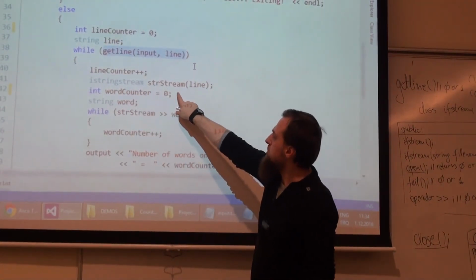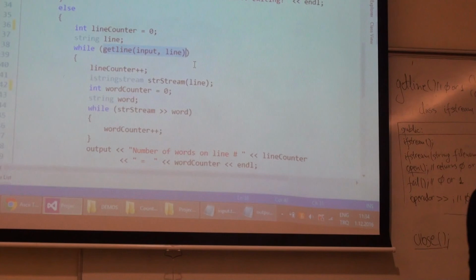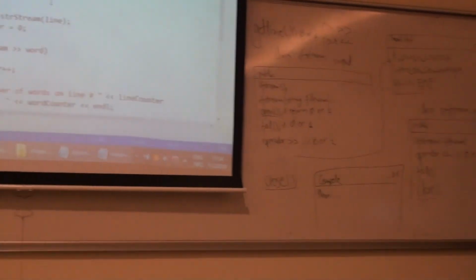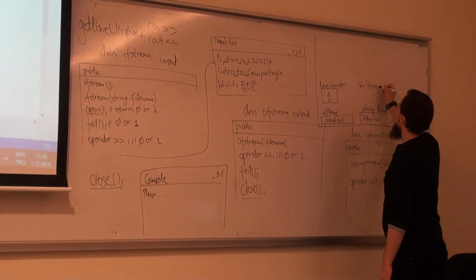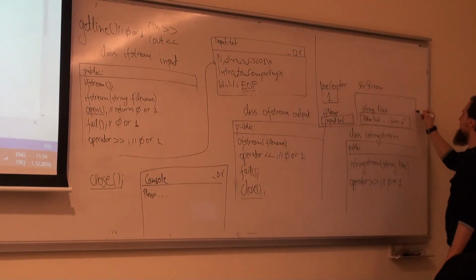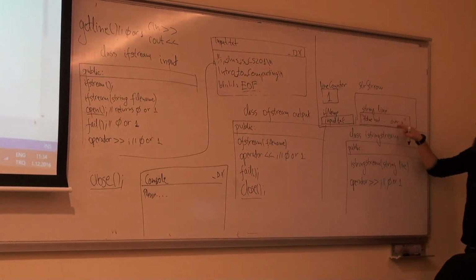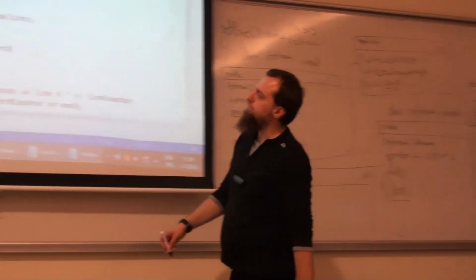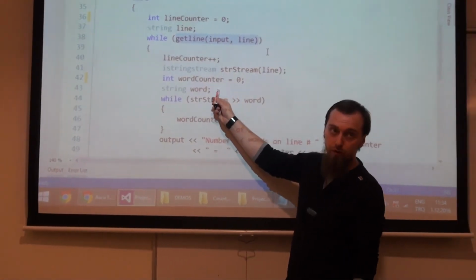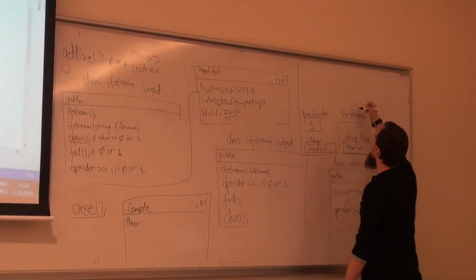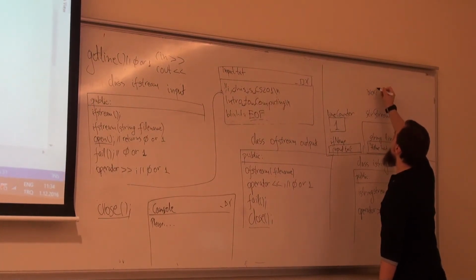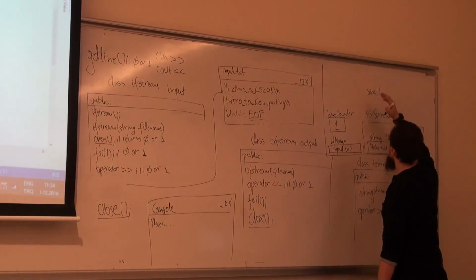Now I'm using an istringstream called strstream. You might think of it like this: this string line is inside the string stream. And I'm counting the words. I'm defining a new variable called word counter. It's 0 initially. We are counting the words inside the line.